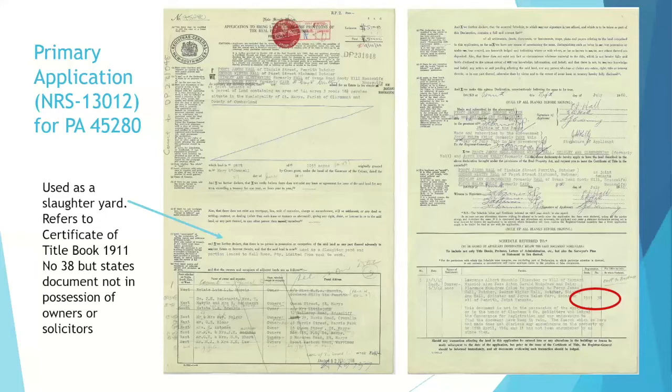But this document also says that this certificate of title document is not in the possession of the applicants, nor in the hands of their solicitors. So they actually don't have the document themselves. It also tells us that in 1966, this property is being used as a slaughter yard, and a portion is leased to Hall Brothers Limited from week to week.